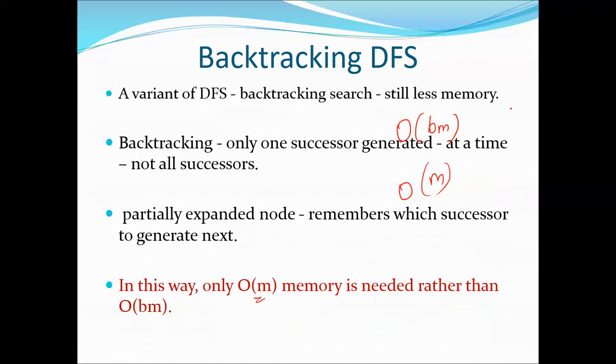At each level we are generating only one node. So the worst case complexity is order of m, where m is the maximum depth. So this is an improved version of DFS. So, right. So this is the introductory part.